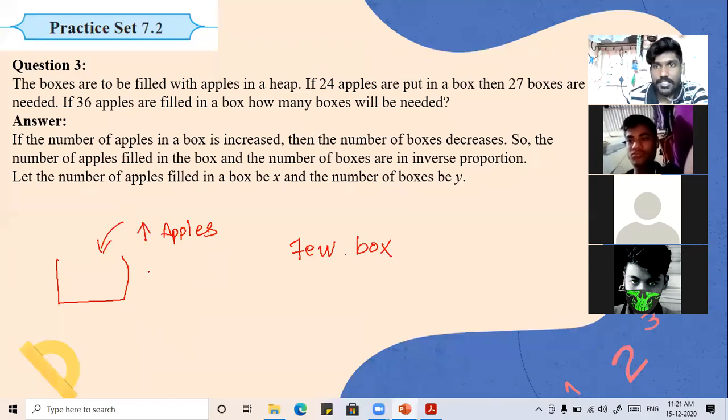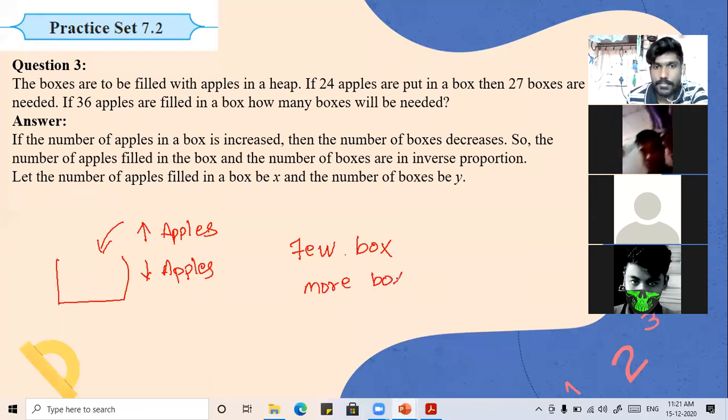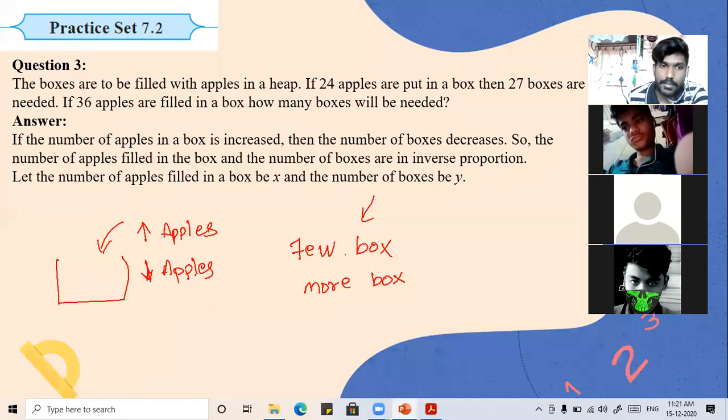If I reverse the case, if you put fewer apples in one box, then you will require more boxes.